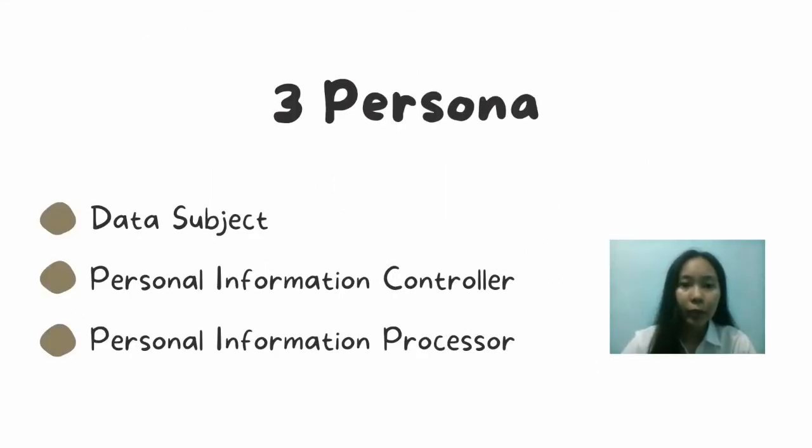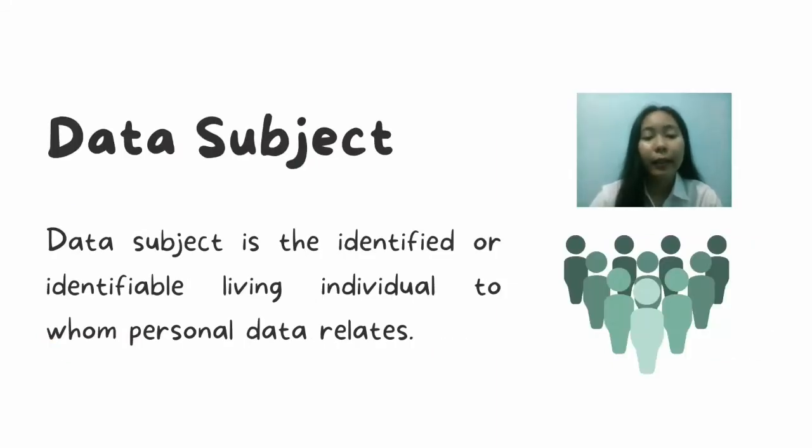There are three persona involved in the Data Privacy Act, and these are the data subject, personal information controller, and personal information processor. The data subject is the identified or identifiable living individual to whom personal data relates.